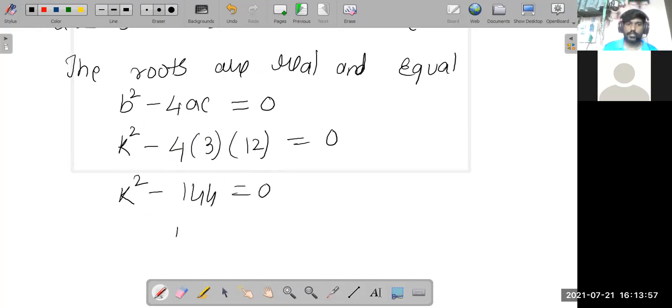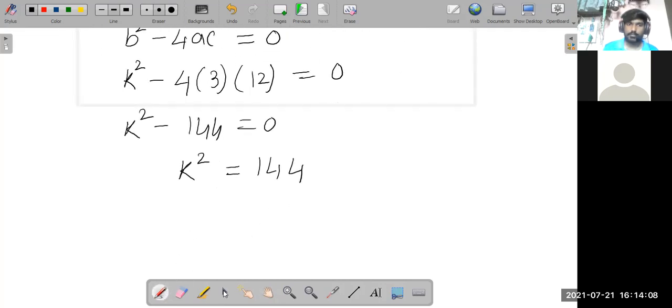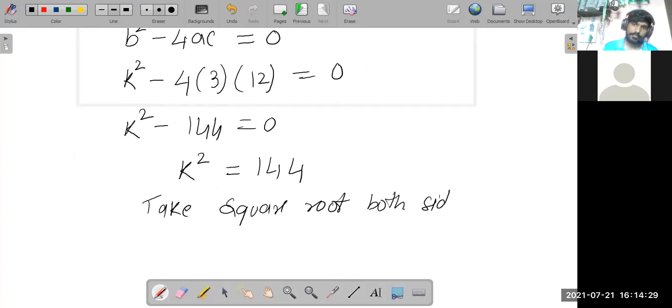Now take 144 to the other side. Now we can take the square root on both sides. Earlier we couldn't have done it because there was a minus sign here. When you take the square root on both sides, you will get k is equal to square root of 144.